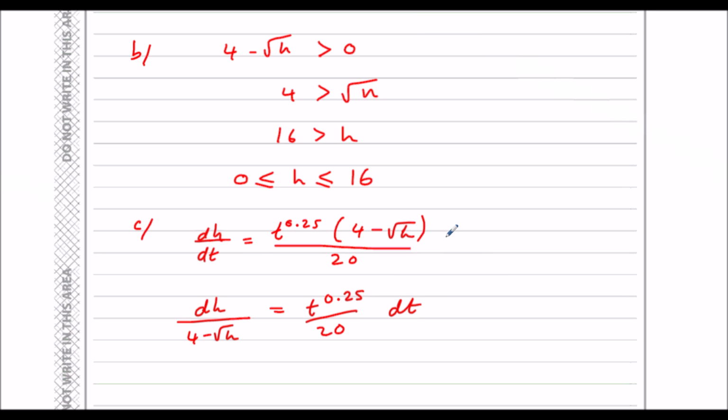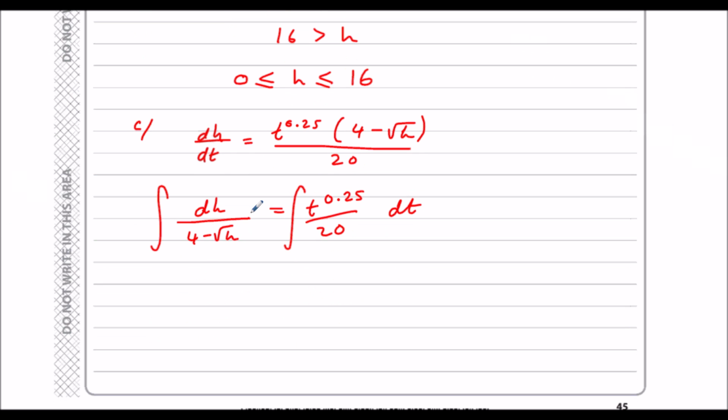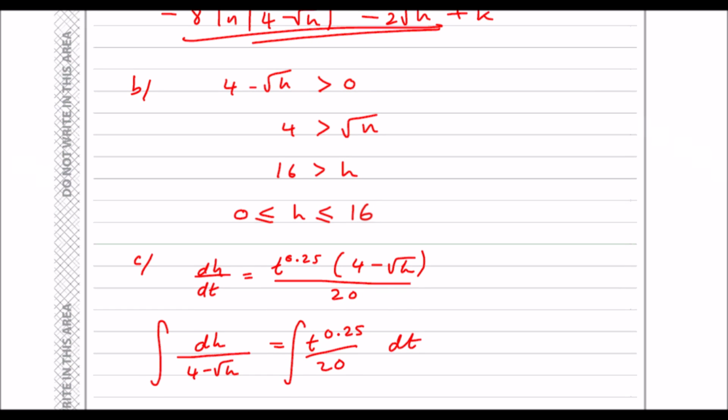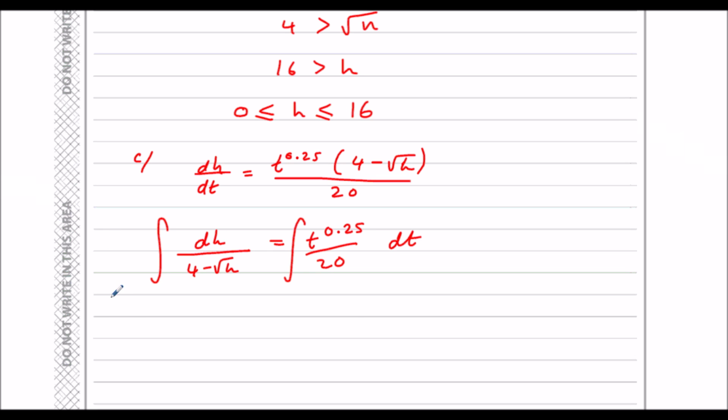So I've brought the dt over to this side and divided both sides by 4 minus root h. And we're going to integrate both sides. We've already integrated this left side. So we already know that. That was our negative 8 ln 4 minus root h and so on.